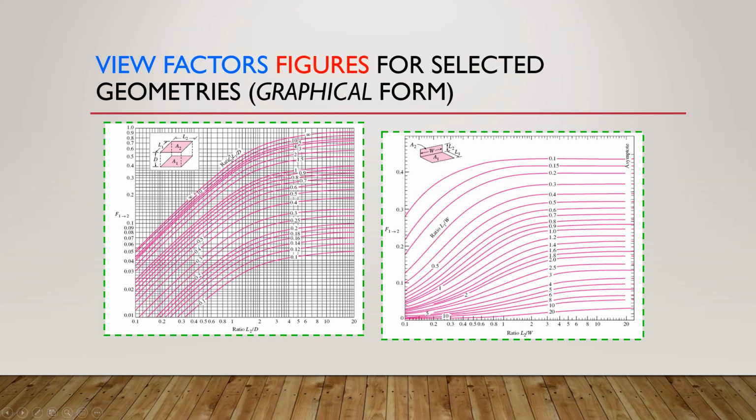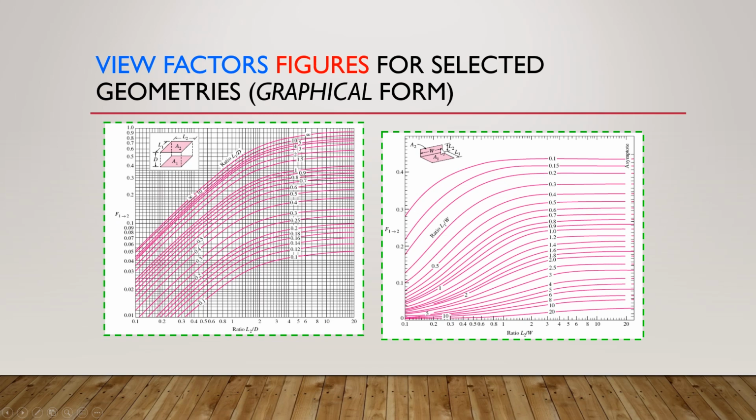So you have to find L1 over D and then the ratio L2 over D. Let's say you find L2 over D, for example 2, and then you draw a straight line upward, and for L1 over D the value is 10. You take a look at the point of interception and then you find F1 to 2.